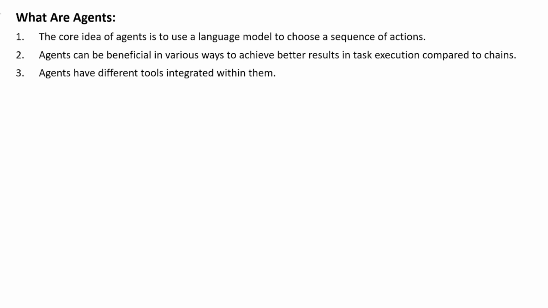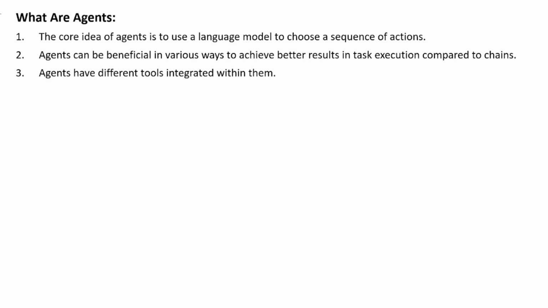Those tools can list down the tables, fetch the schema of the table, ask the LLM to generate the SQL query from the user's question, and check whether the generated SQL query is correct or not. In that way, these agents can utilize those tools and give us better results than the chains. If you want to learn more about agents, I have already created a video about agents. I will share its link in the description and you can go through it.